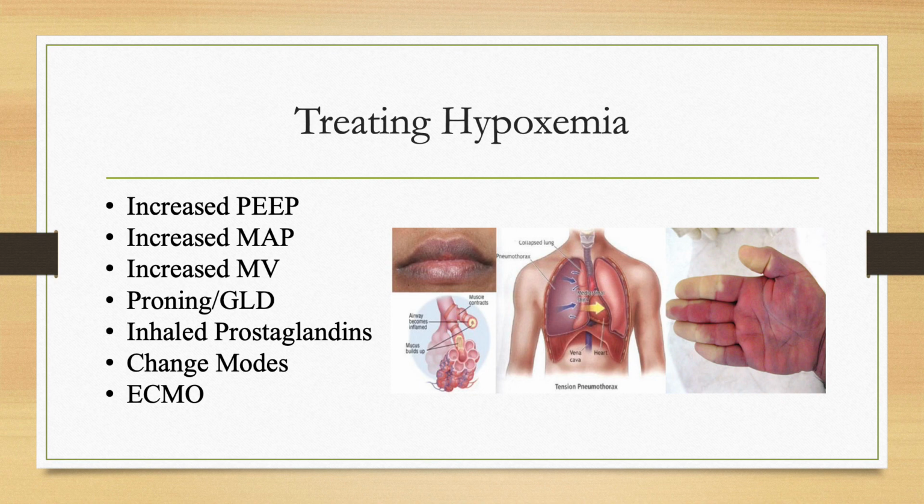Inhaled prostaglandins is another thing that has support in critical care medicine when treating acute respiratory distress syndrome. So this will work by nebulizing Veletri or Iloprost or inhaled nitric oxide or anything like that used to treat pulmonary hypertension.